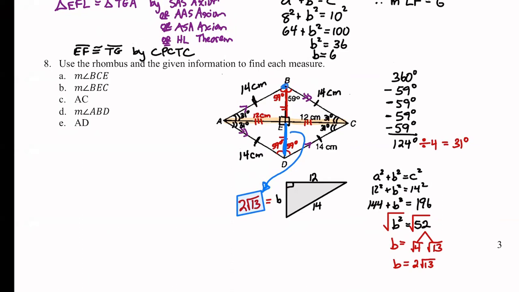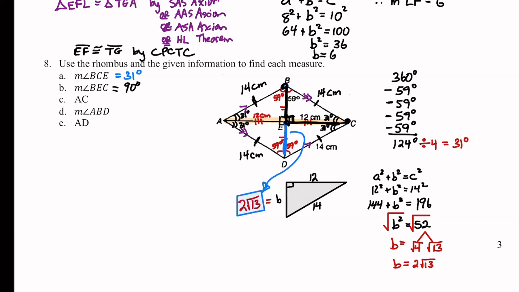It's starting at B, going to C, ending at E. So it's got to be this angle here, which is 31 degrees. Right, BEC, that's the route that we're taking. So starting with B, going to E, ending at C, the angle that's formed would be that right angle. So that's 90 degrees.